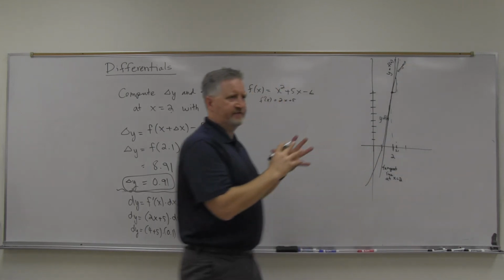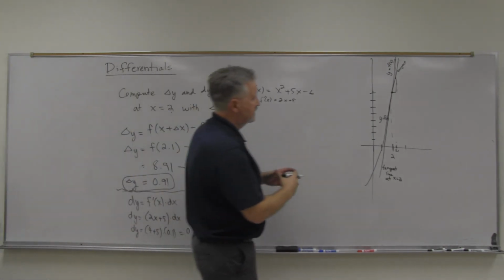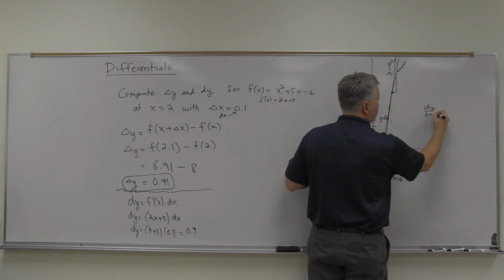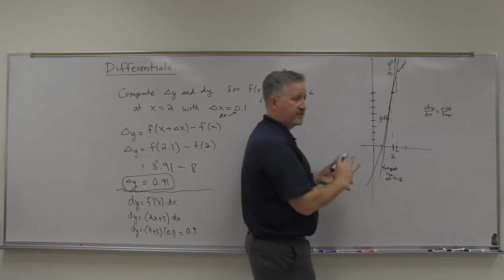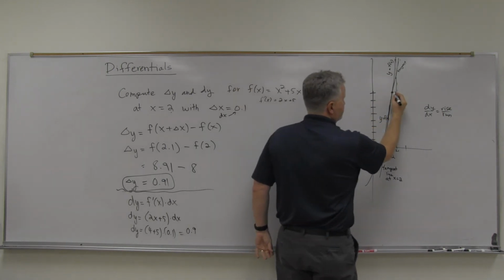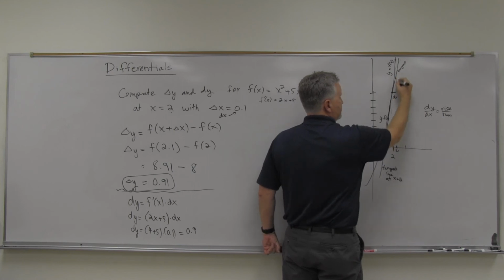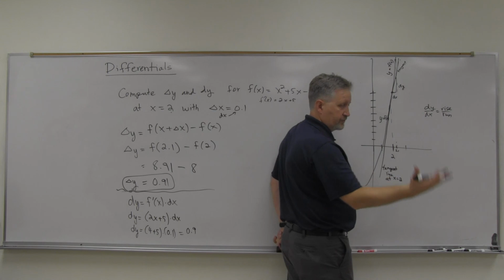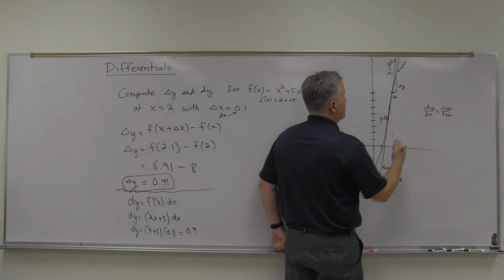It's a little different than the one I started with, because dy over dx, that's the rise over the run for the tangent line. Here's the tangent line, so this is the run, so this is dx right here. And that's the rise for the tangent line, so that's dy. That's what dy and dx are. They're the rise and the run of the tangent line.